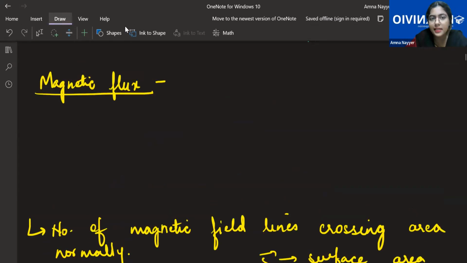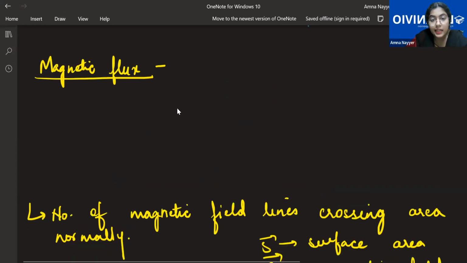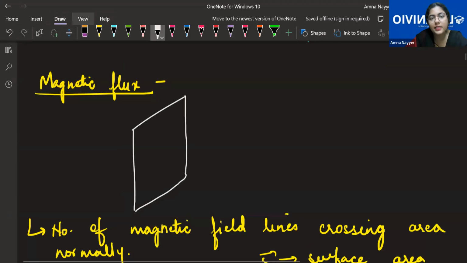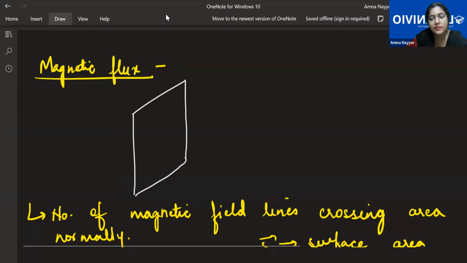We already discussed electric flux. Electric flux's formula, can anyone tell me? What's the formula of electric flux, which we have done in the first chapter?